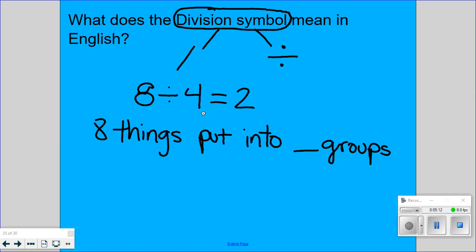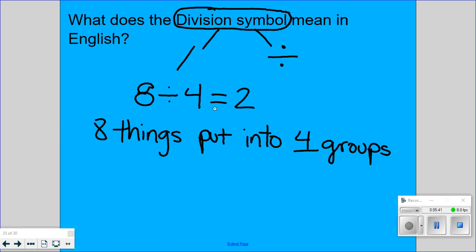This symbol tells me how many groups. 4 groups. So I have 8 things put into 4 piles, or 4 baskets, or 4 shelves. You ever get what the division means? We're doing it right now. All right, so we've done 8 things put into 4 groups.